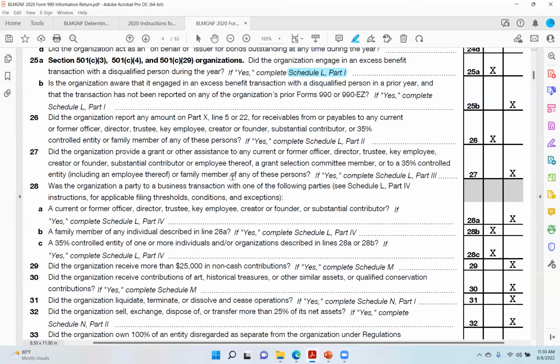They said no. 26, did the organization report any amount on Part 10, Line 5 or 22 for receivables from or payables to any current or former officer, director, trustee, key employee, creator or founder, substantial contributor, or 35% controlled entity or family member of any of these persons? If yes, complete Schedule L, Part 2. So they said yes. So we are looking for a Schedule L, Part 2. Okay.